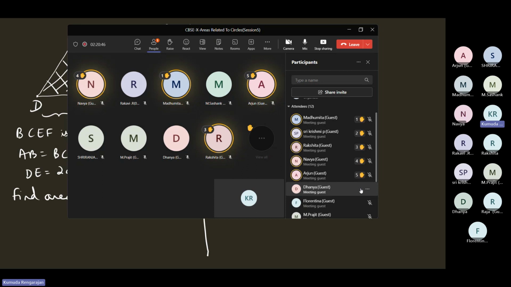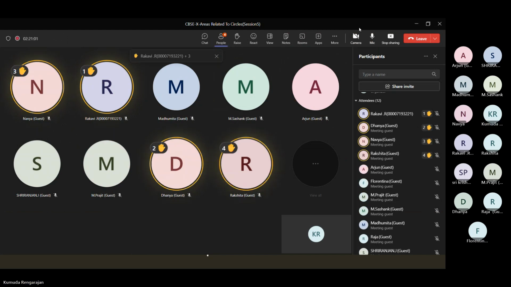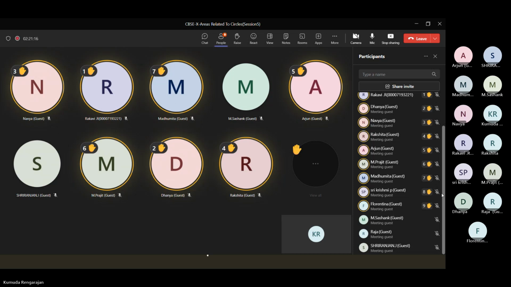Next class, I'll be starting with heights and distances. Raise your hands. How many of you learned this chapter in school? Heights and distances, that is applications of trigonometry. Arjun has learned, Ranjan has not learned. Raja has not learned.